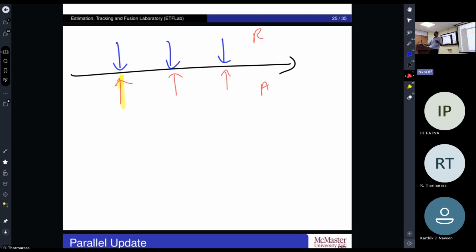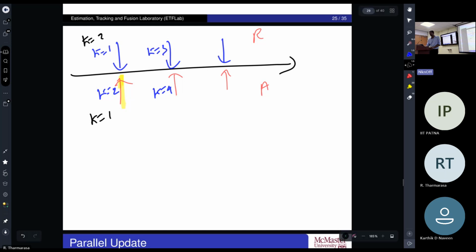So which should be the first one to update? I can say k equal to 1, k equal to 2, k equal to 3, and k equal to 4, correct? Or I can do it the other way. So which one is better? Should I go with this first or this first? That is a question we need to answer in the sequential update.